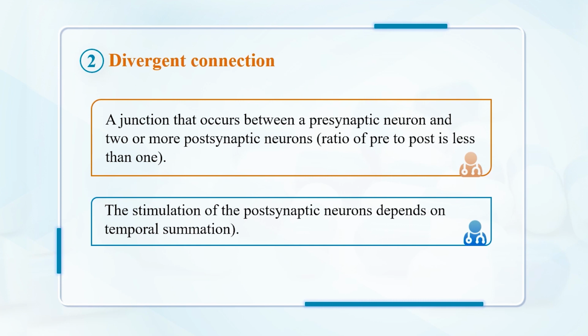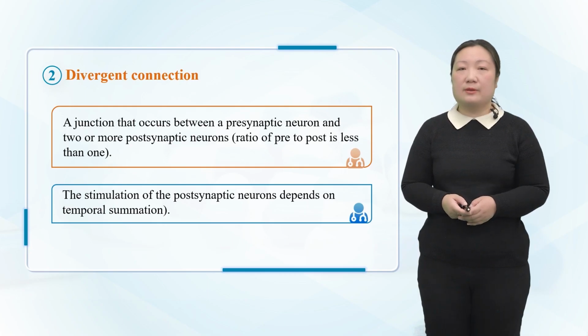Divergent connection is a junction that occurs between a presynaptic neuron and two or more postsynaptic neurons. The ratio of pre to post is less than 1. The stimulation of postsynaptic neurons depends on temporal summation.